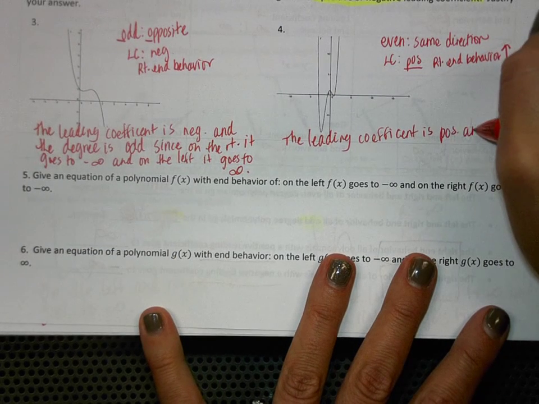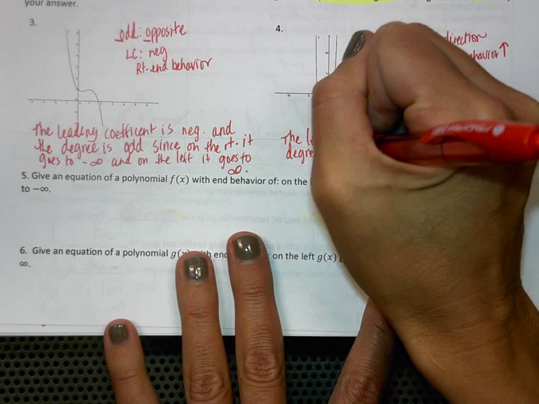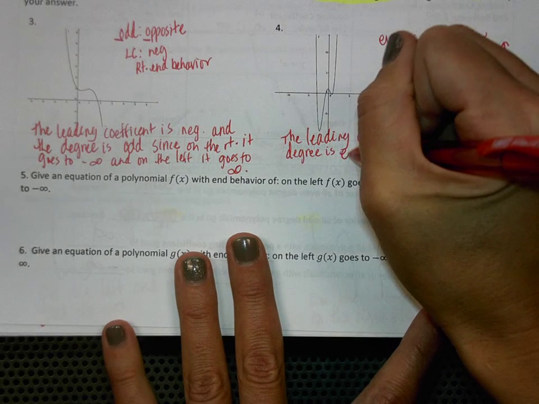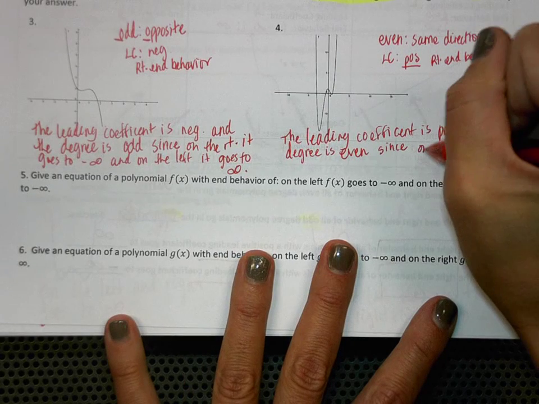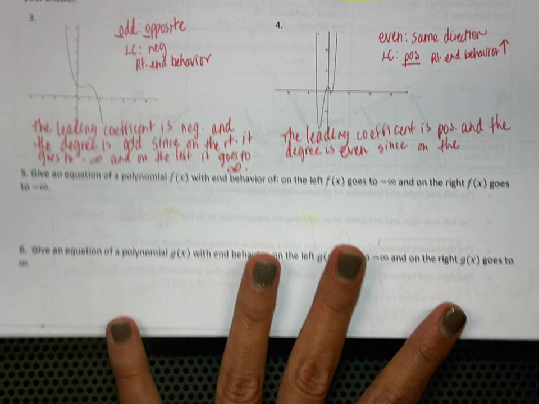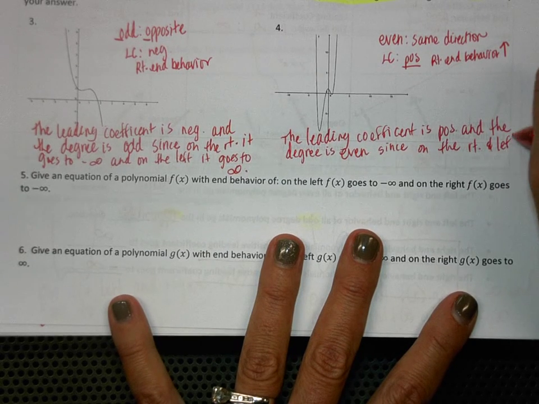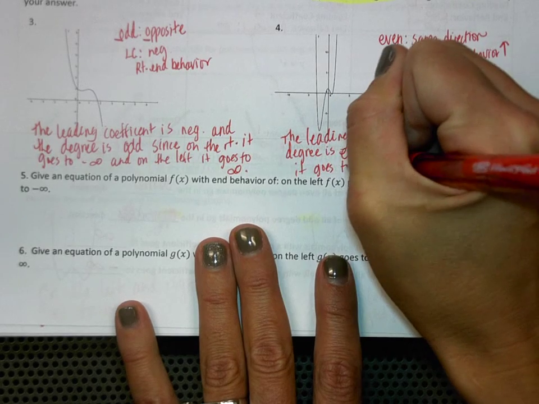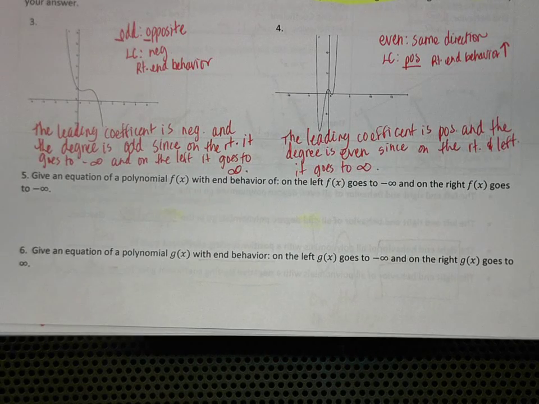And the degree is even, since on the, and this time we can put right and left, right? Since on the right and left it goes to infinity. You guys get it. You know what it means.